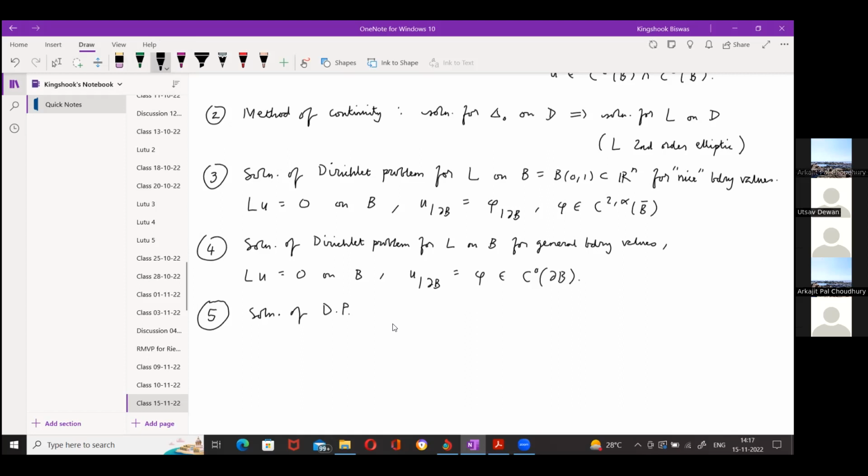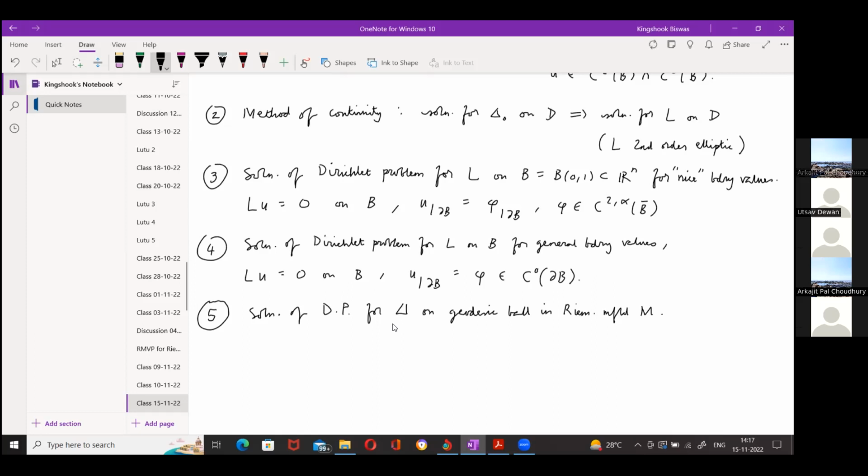So we got the solution of the Dirichlet problem for the Laplacian on a geodesic ball in a Riemannian manifold M.